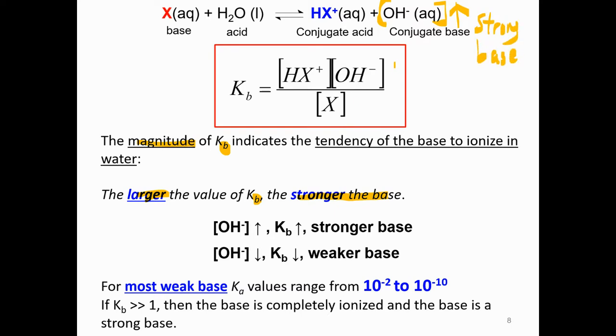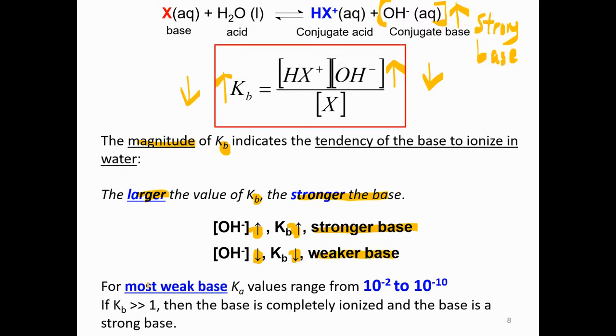So if the concentration of hydroxide ion increases, Kb will also increase, so it is a stronger base. The other way around, if the hydroxide ion concentration decreases, Kb will also decrease, so it is a weaker base.